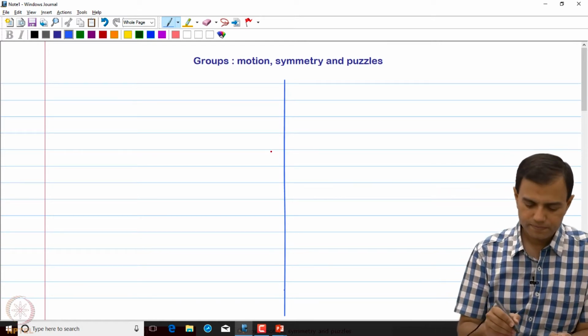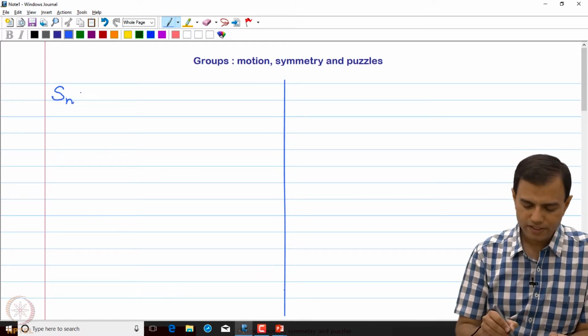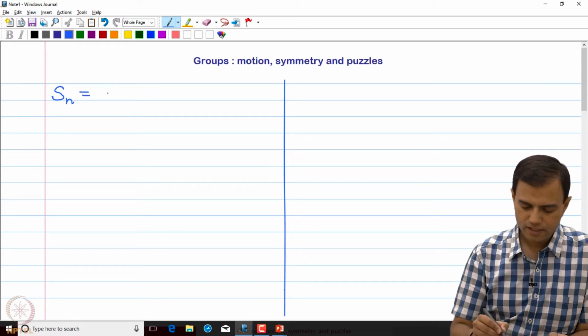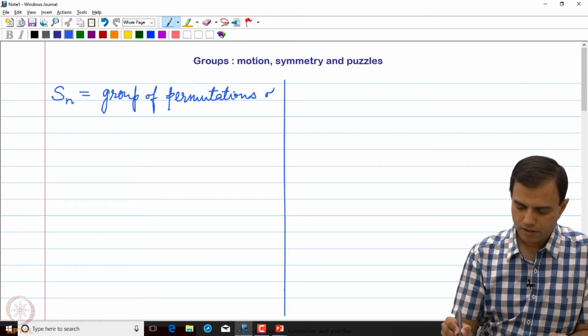So I will start with Sn. Yesterday I mentioned Sn is the group of permutations of n symbols.